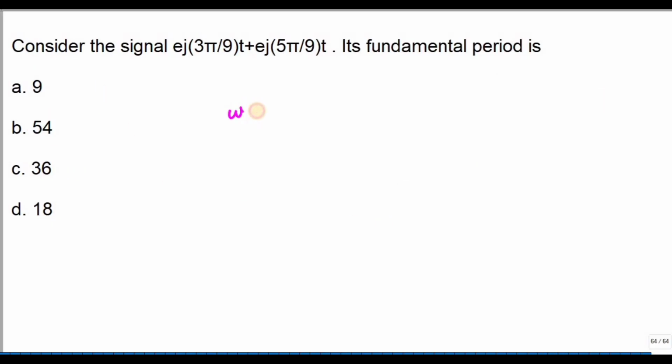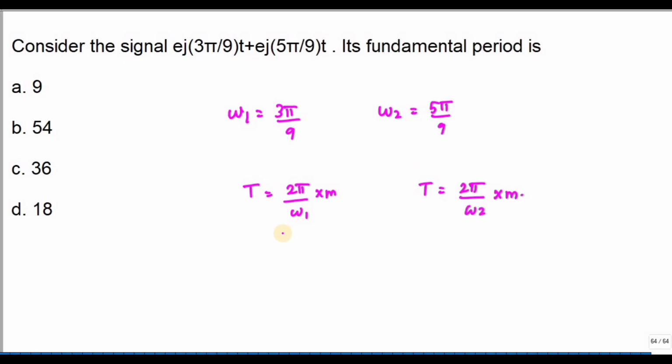The next problem is to consider the signal e power j 3 pi by 9 t plus e power j 5 pi by 9 t. Its fundamental period is, so here omega 1 value is 3 pi by 9 and omega 2 value is 5 pi by 9. So what is T1? T1 is equal to 2 pi divided by omega 1 into m, and T2 is equal to 2 pi divided by omega 2 into m.